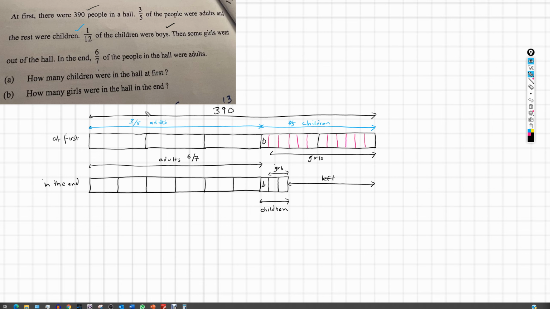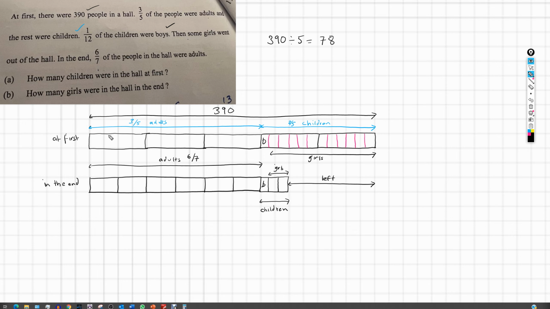So what are we asked? Let's have a look, because we need to keep an eye on the question. We've put in lots of information here. How many children were in the hall at first? Well, how many people were in the hall at first? 390, and we had it divided into fifths. So 390 divided by 5 gives us 78.